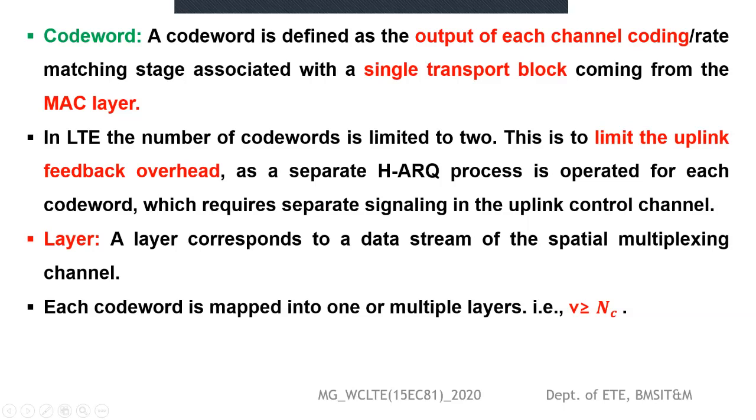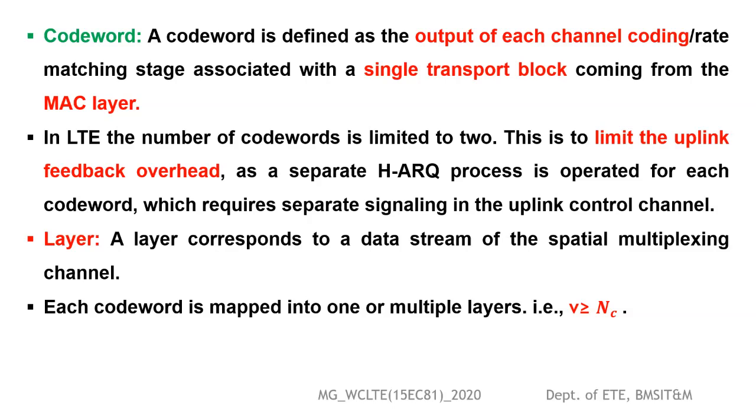Similarly, layer mapping. I said a layer corresponds to the data stream of the spatial multiplexing channel. I hope you are aware of what spatial multiplexing is; it is nothing but MIMO.